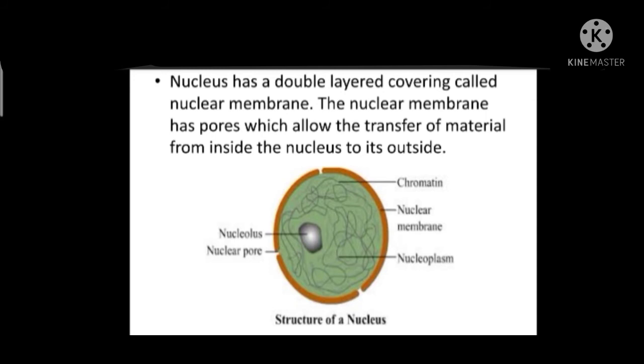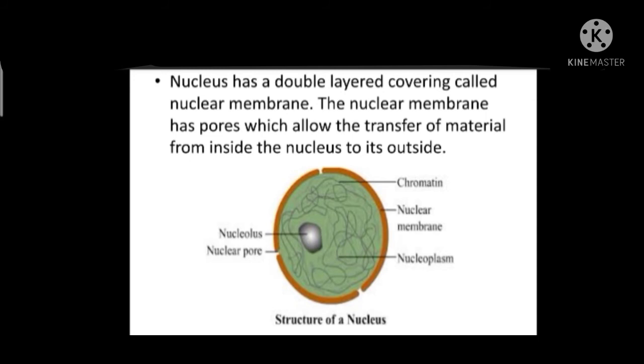But there are certain exceptions. In some of the cells, more than one nuclei will be seen. Nuclei is plural, nucleus is singular. For example, if you take striated muscle, it will have more than one nuclei. And in some fungal hyphae also, we can see more than one nuclei present.